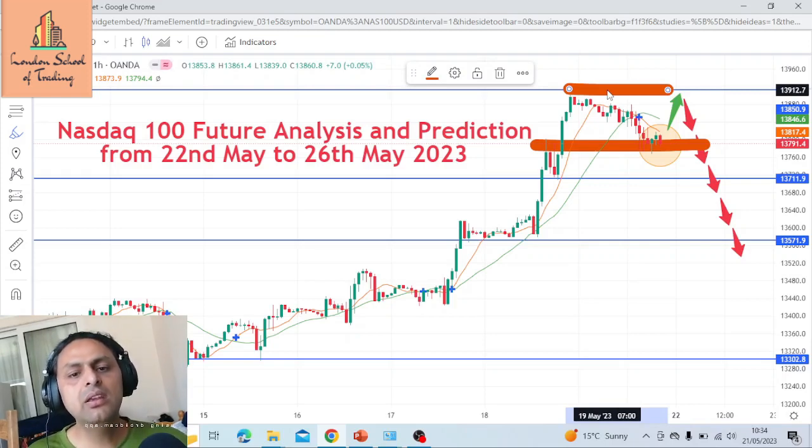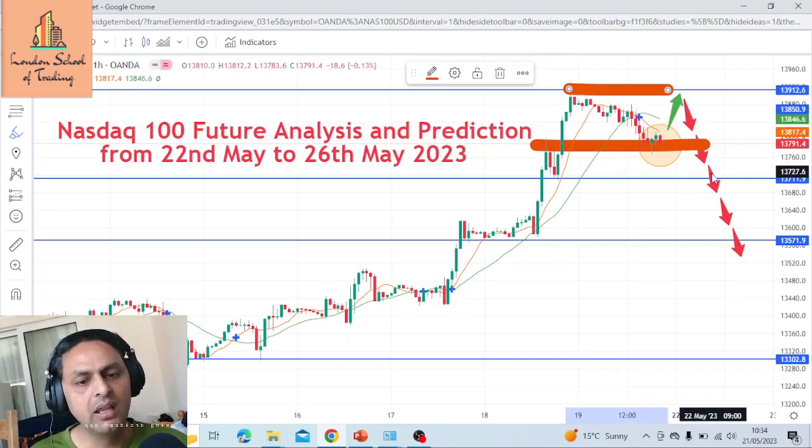The US debt is gonna default from 1st of June, and then it's gonna be a very bad impact not only on US, it's gonna be a bad impact on the whole economy. That's the reason the price will fall very hard.